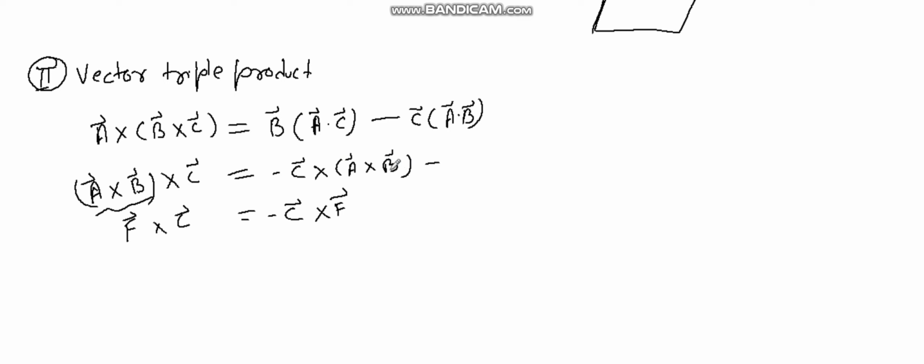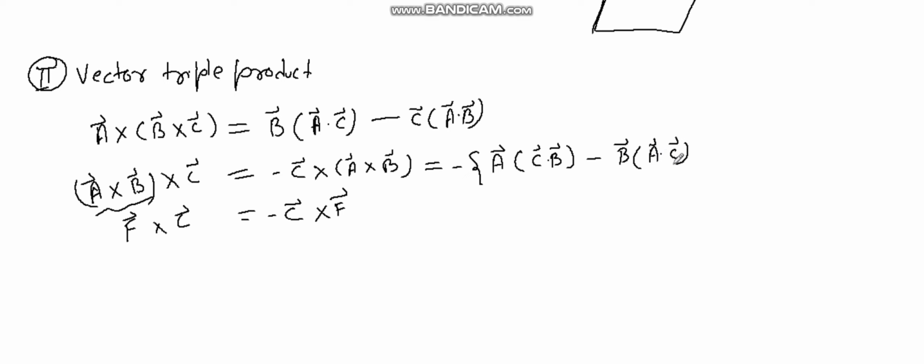So the expansion of this term will give the first term of the bracket, A, into C dot B. Similarly, minus sign, B into A dot C. So here the order does not matter because it is a dot product.